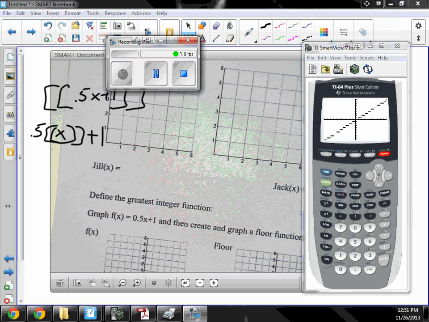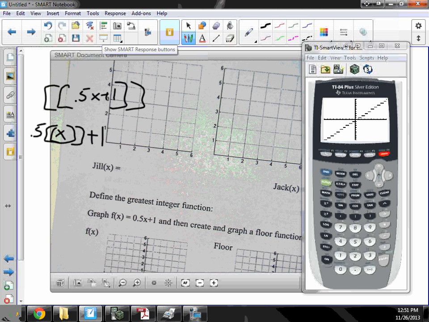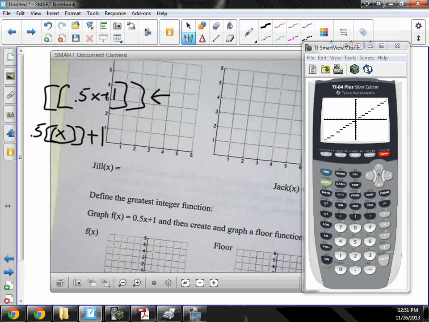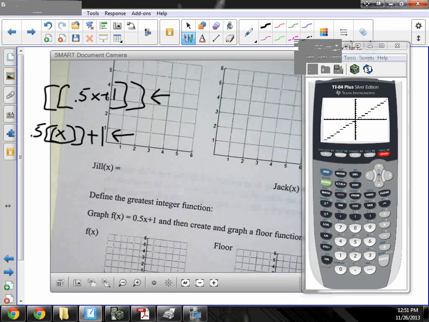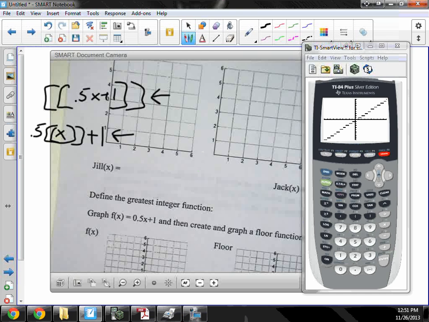Yes. So there are two ways to do the integer function. One way is to put everything inside the integer function. The other way is just to put the x inside the integer function. Okay? The first one calculates the function and then creates an integer. The second one creates an integer and then plugs that integer into the function.